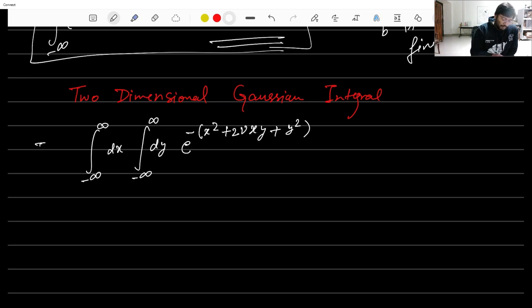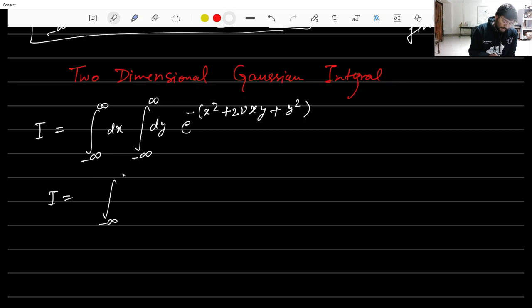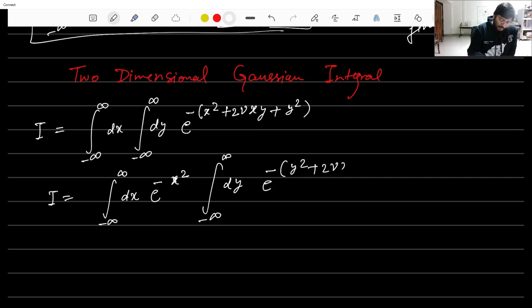If you are asked to derive the value of this integration, we will make it in terms of the basic, normal Gaussian integral, so that it becomes easier for us to derive it. What we do here is we take the factor e to the power minus x square outside the integration over y, because x and y are independent coordinates. Now we have minus y square plus 2 nu xy.